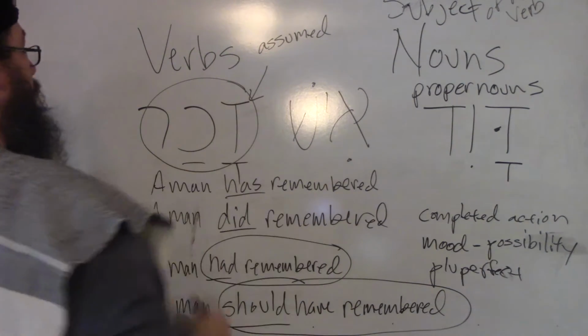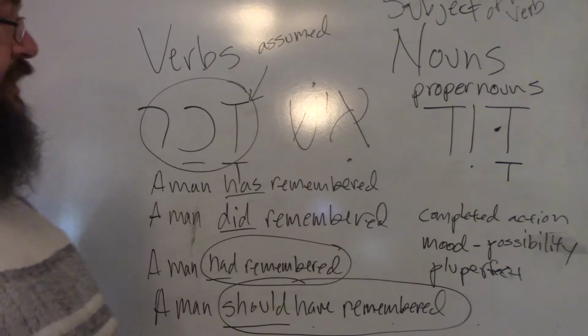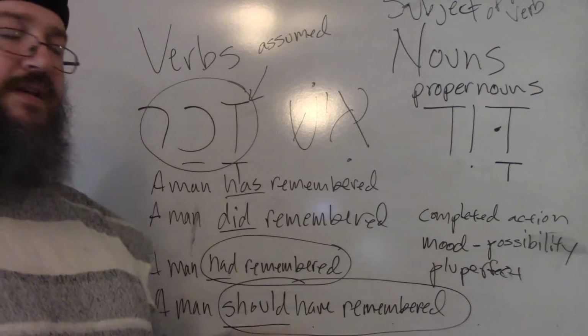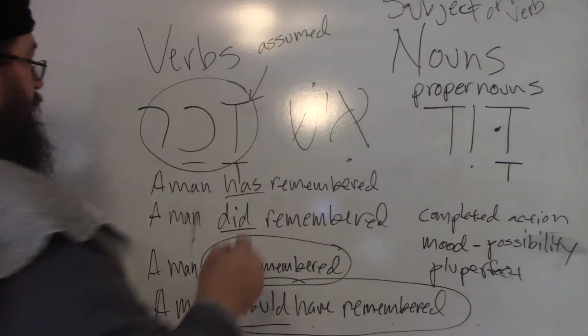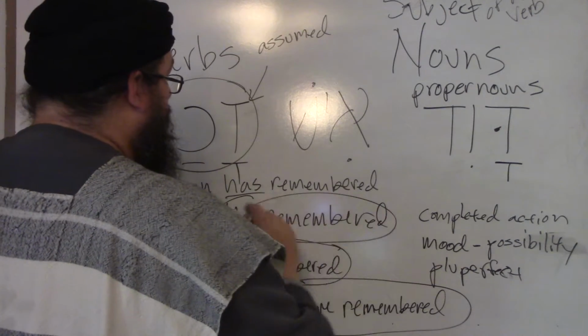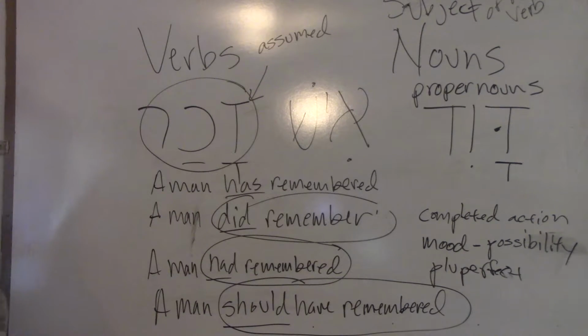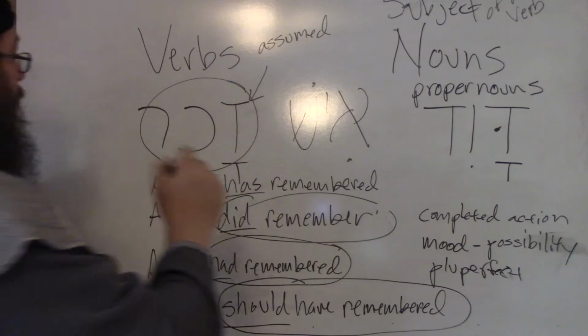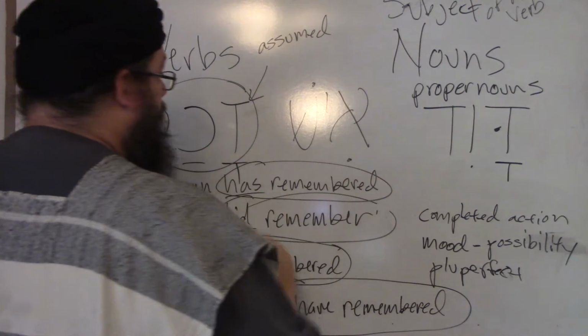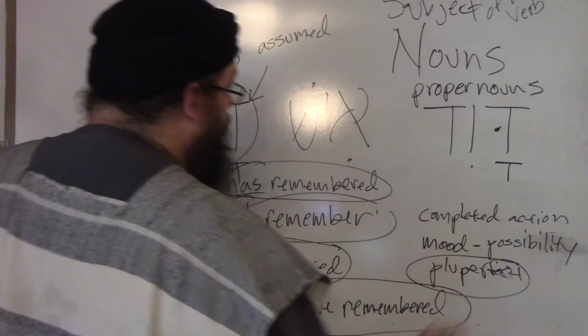This is put in here. Notice had is used here as a past tense, or did remember. Okay? He did remember. This would once again be a past tense form, and has remembered is the pluperfect form. Okay?